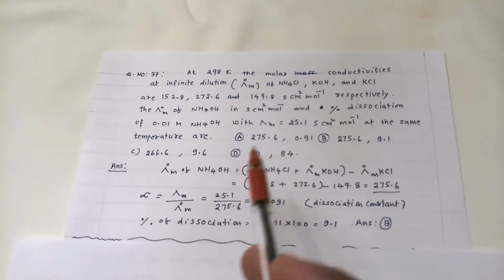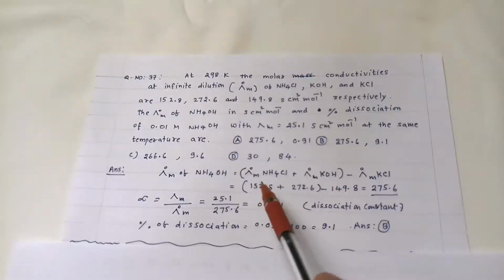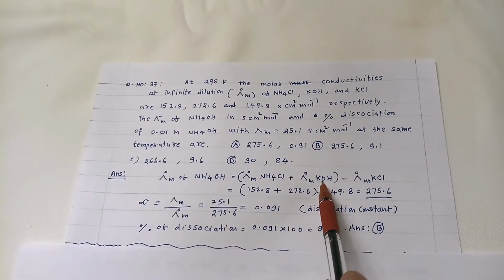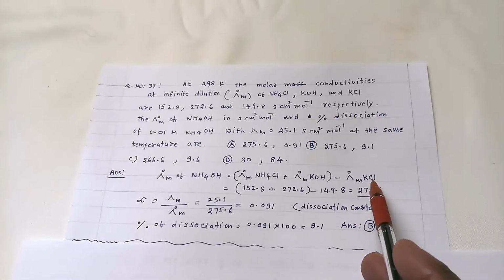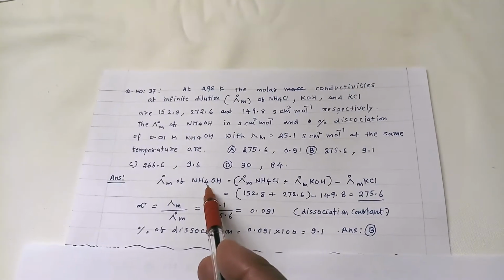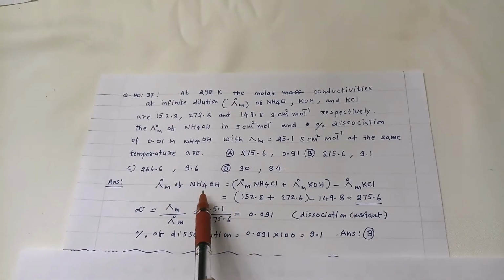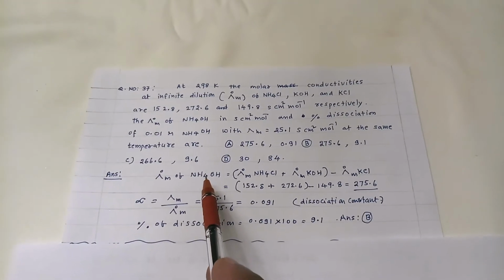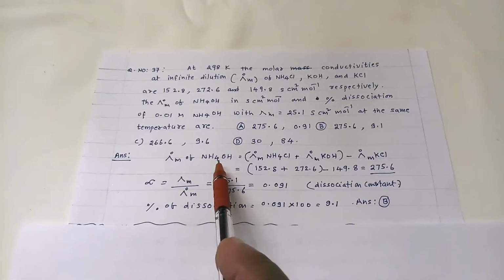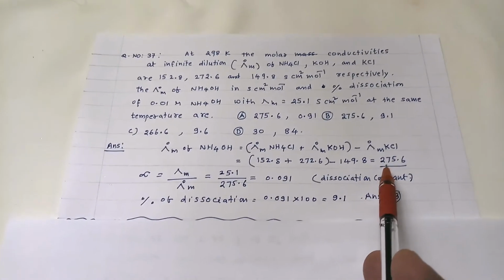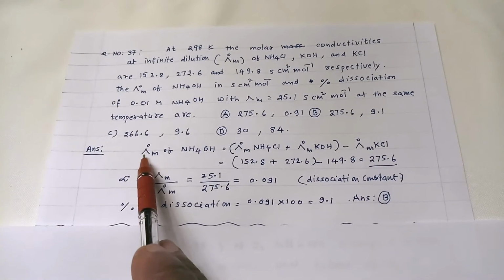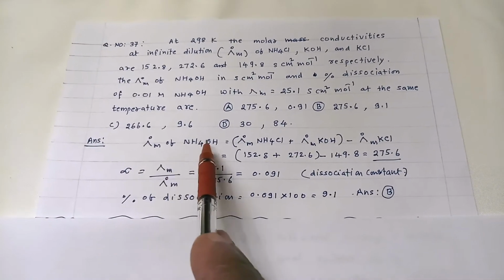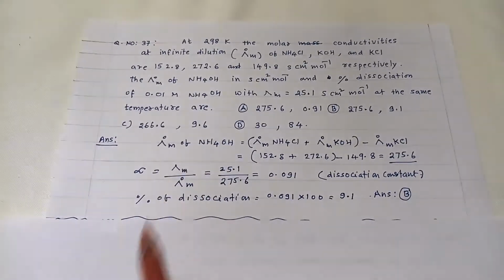So we can do it, because if you add the ammonium chloride and KOH and deduct the KCl value, we will get the ammonium hydroxide conductivity at infinite dilution. So if you do it, 275.6 is the conductivity of ammonium hydroxide at infinite dilution.